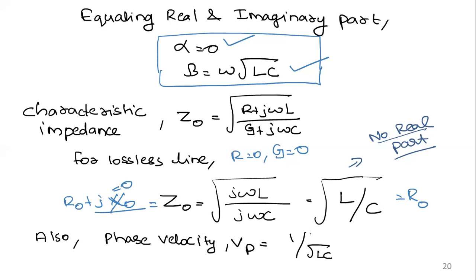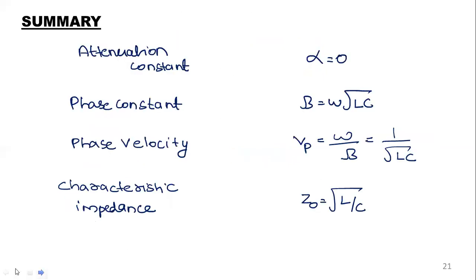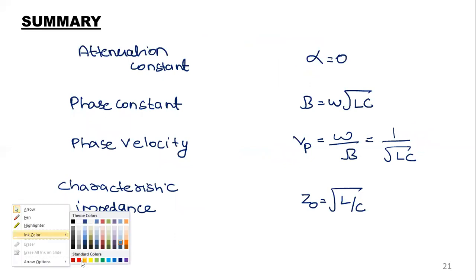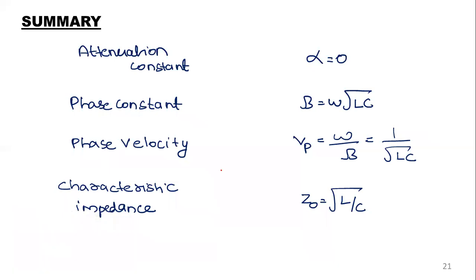And phase velocity, you can write, is equal to 1 by root LC. Same way you can calculate, that is, omega by beta, you will get 1 by root LC. These are the results that we have just obtained. I will just summarize. Attenuation constant alpha is equal to 0.